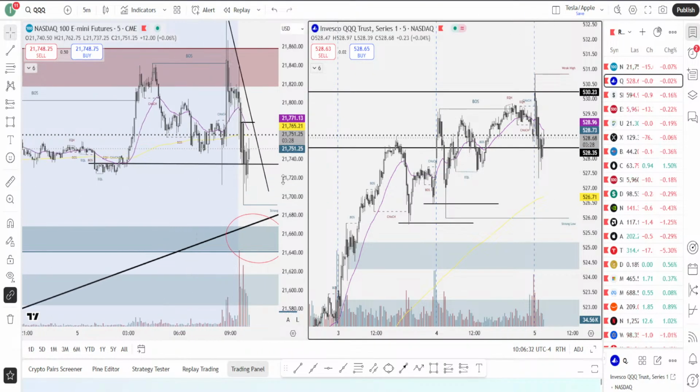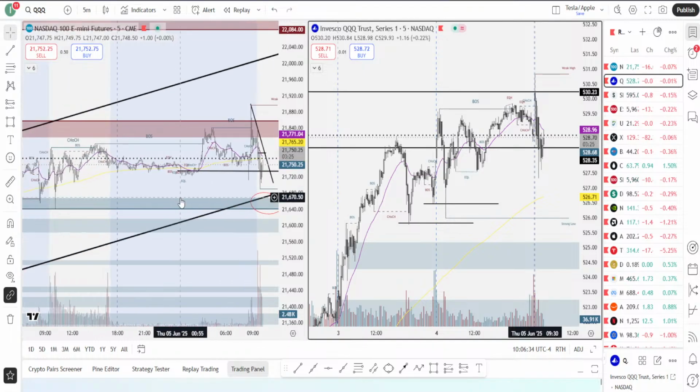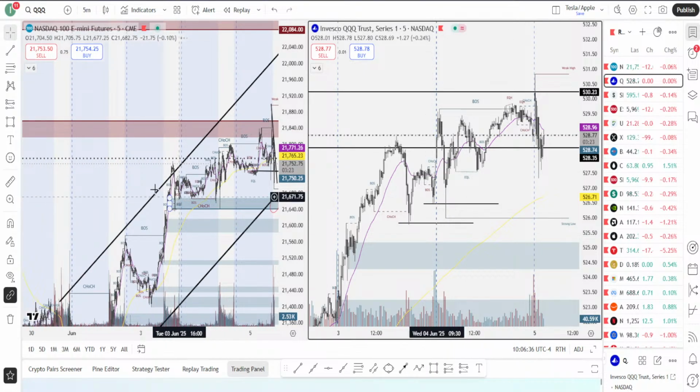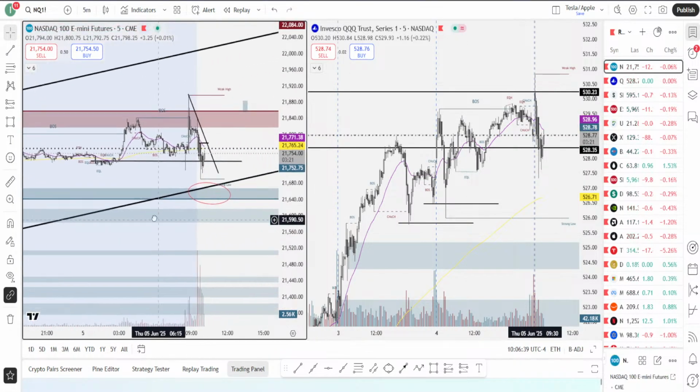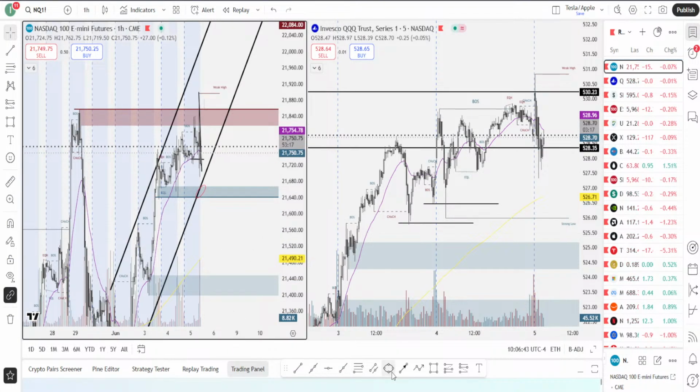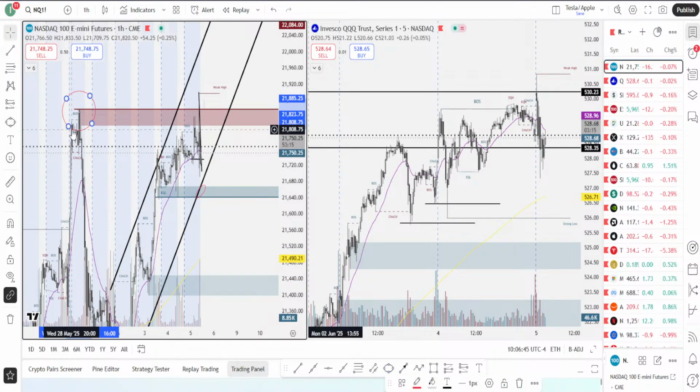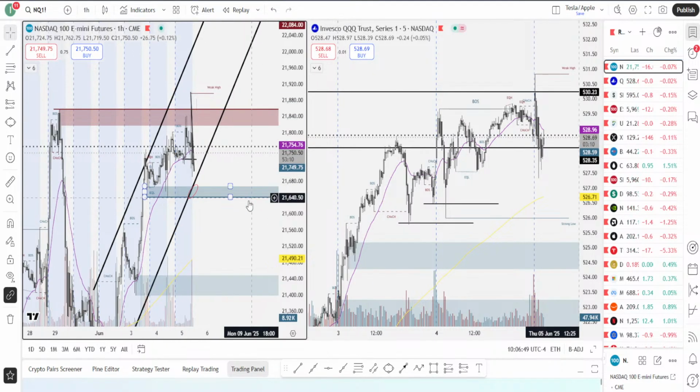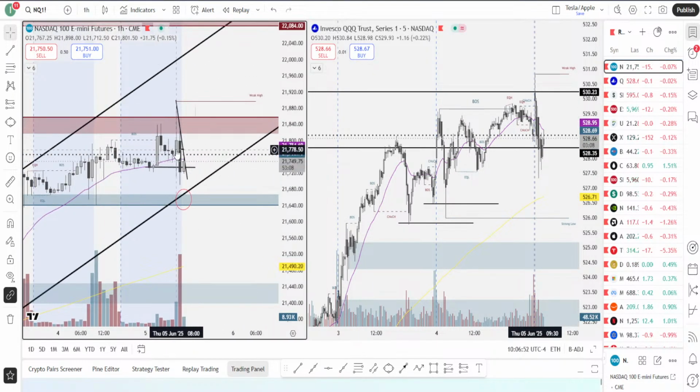We have reached some pretty high levels on price here, and we did sweep previous liquidity zones on the higher time frame. Like here, we swept this high already pre-market. We had a huge rejection candle here, kind of also letting us know price is not being accepted this high.